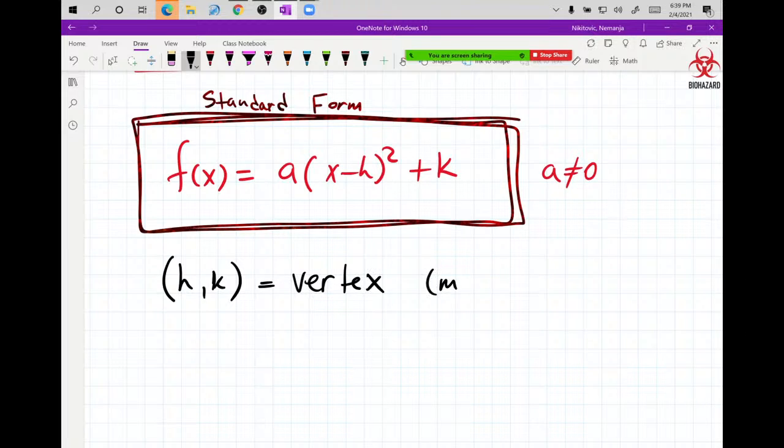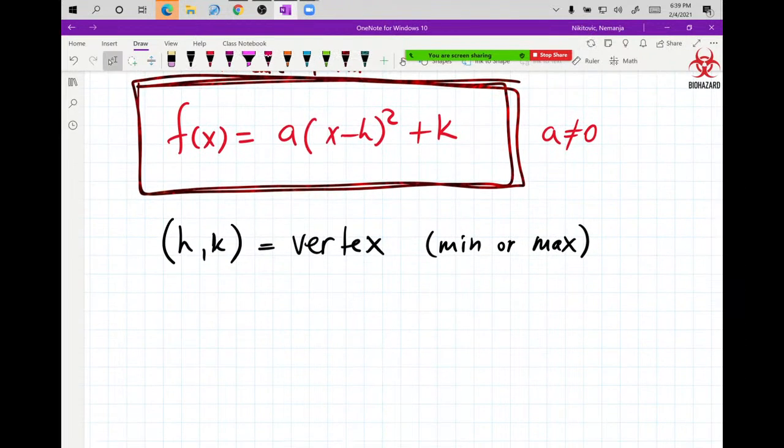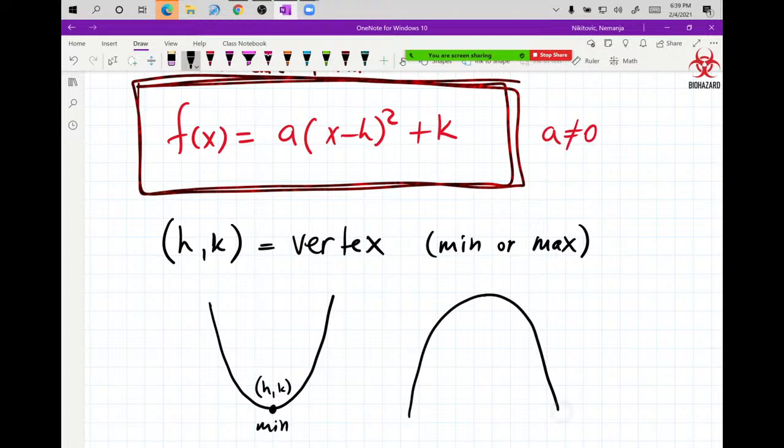And that's always your min or max of the function. So when you graph the function this way, your (h, k) is a minimum. And when you graph your function this way, your (h, k) is the maximum.